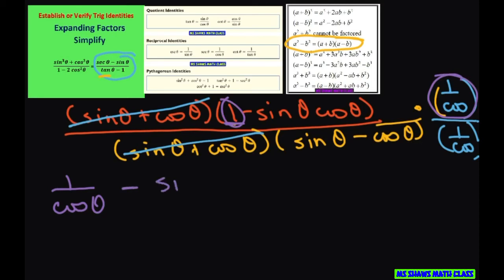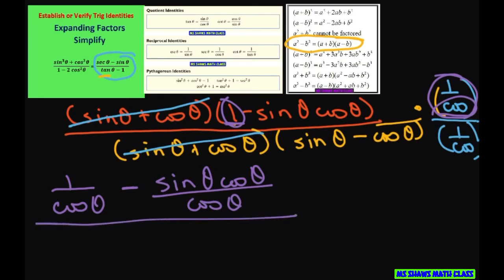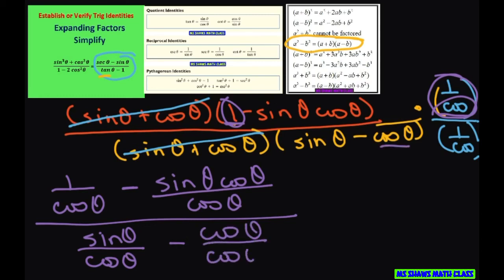Minus sine of theta cosine of theta divided by cosine of theta, all divided by, and do it for the denominator too. Sine of theta divided by cosine of theta minus cosine of theta divided by cosine of theta.